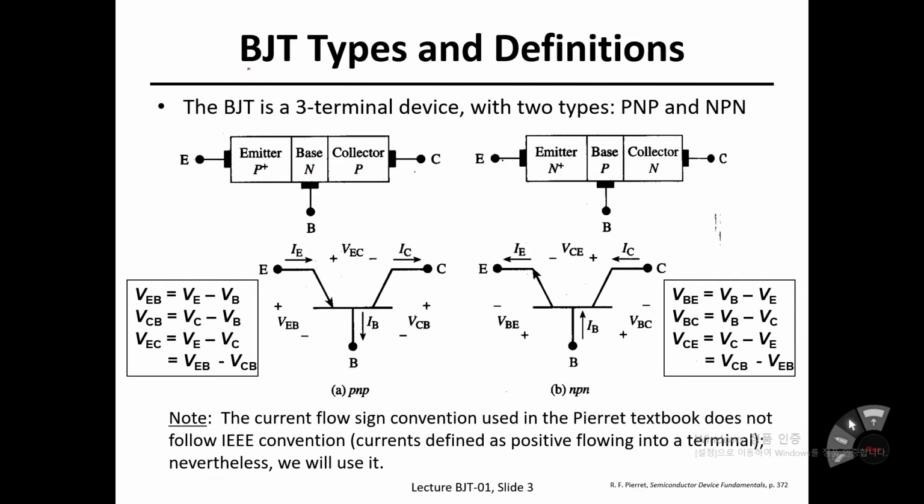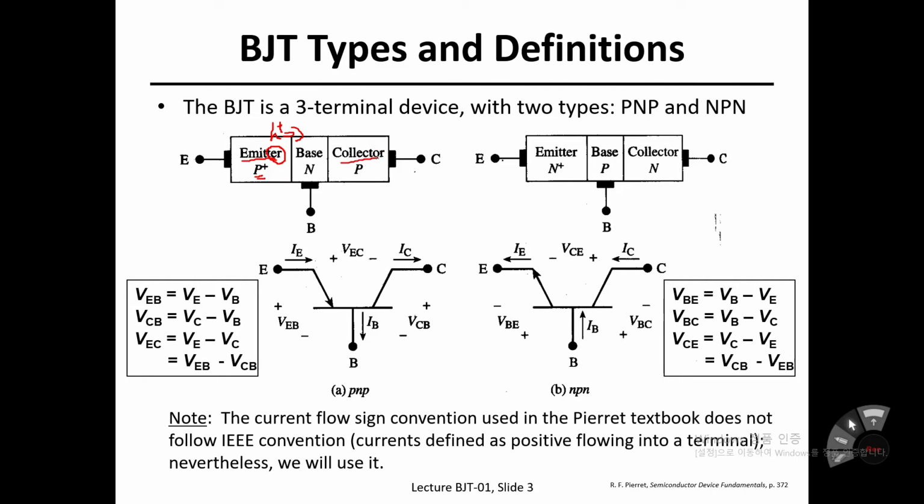Well, my answer is this: emitter means something which can emit, which can output its own carriers. This is a p-type material, so its majority carrier is holes. So holes, H+, may be emitted away from this emitter.